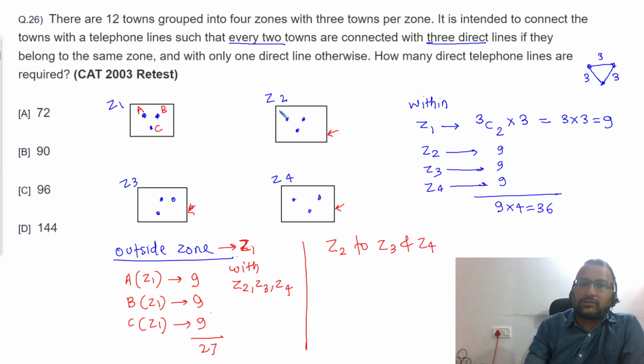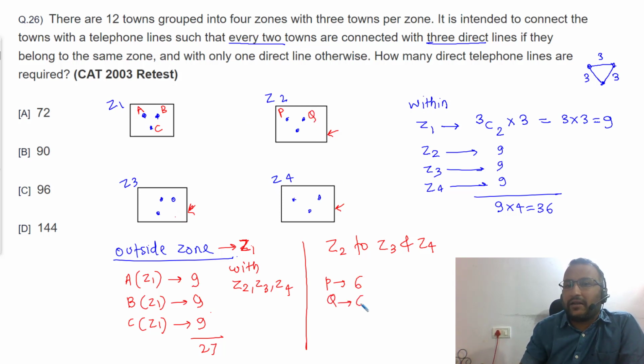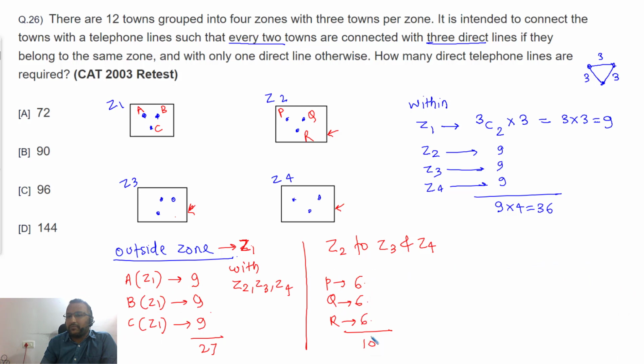Now this town, let's call this town P. Town P is already connected with the towns of zone 1. Now town P is supposed to get connected with the towns in zone 3 and zone 4. That is a total of 6 towns, so 6 lines. Town Q requires 6 other direct lines. Town R requires 6 other direct lines. 6 plus 6 plus 6 is 18. So zone 2 is connected with zone 3 and zone 4.